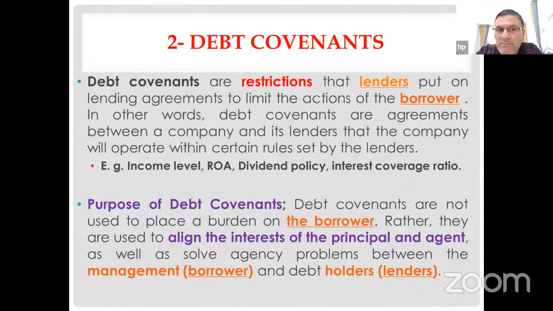In other words, debt covenants are agreements between companies and their lenders that the company will operate within certain rules set by the lenders. For example, of these covenants: income level, ROA (return on assets), dividend policy, interest coverage ratio.